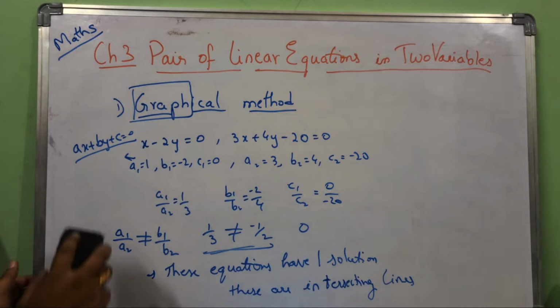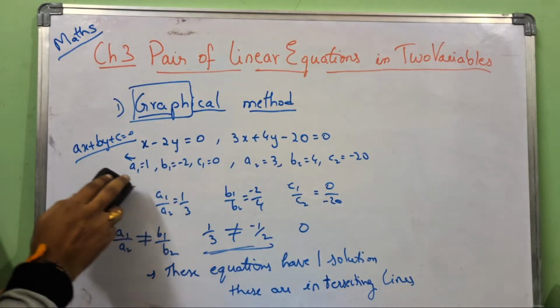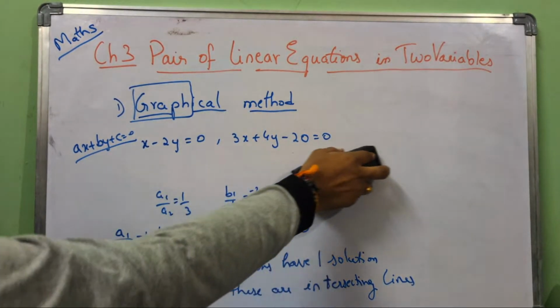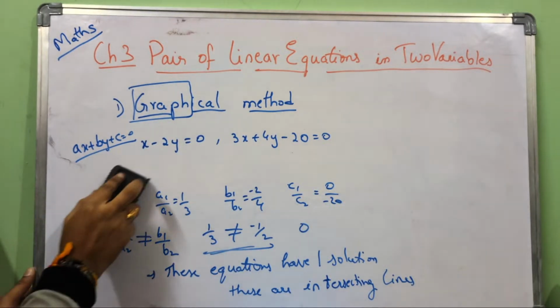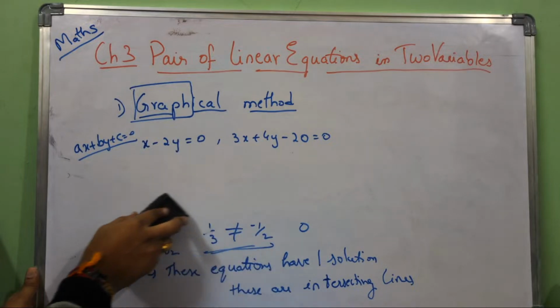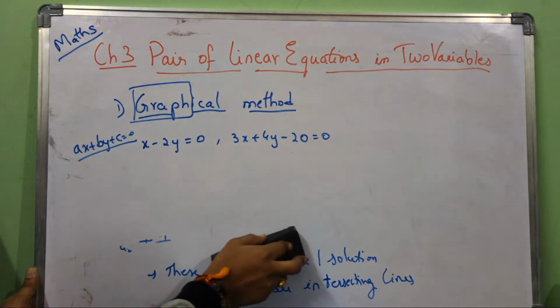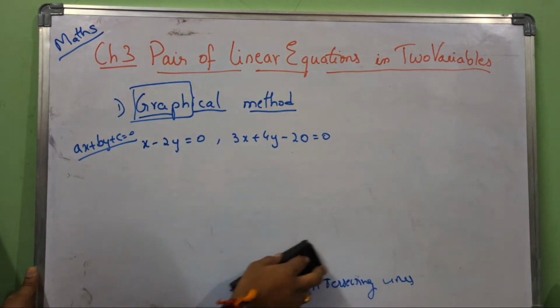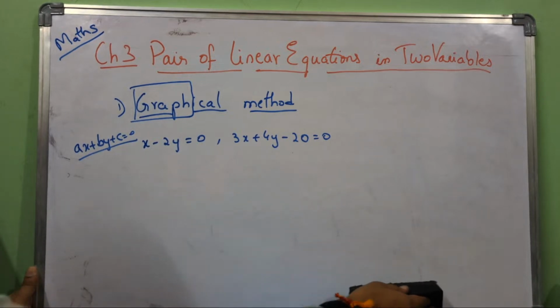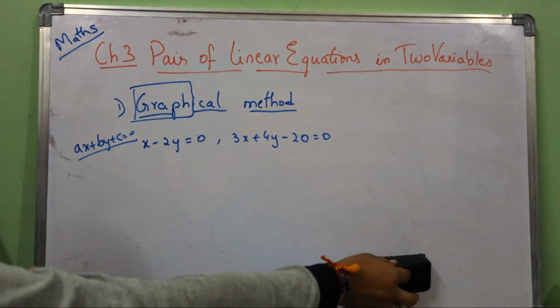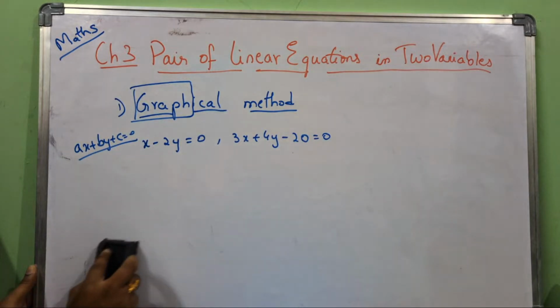Let's see how you can solve this equation using graphical method. Every time, as I mentioned, first understand whether it is intersecting lines, coincident lines or parallel lines, then go for the solution. If it is parallel lines, directly you can say no solution. If it is coincident lines, directly you can say it is infinite solutions.